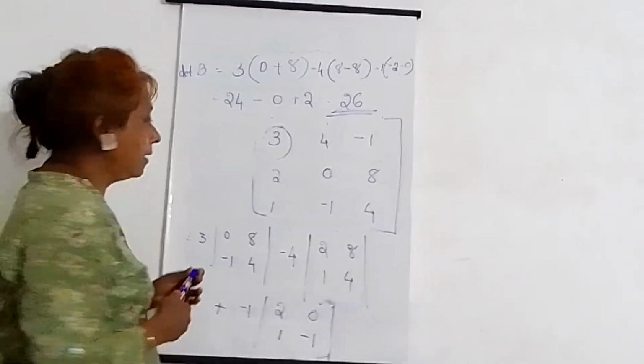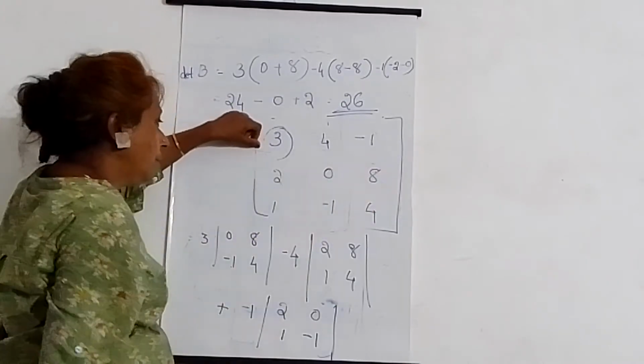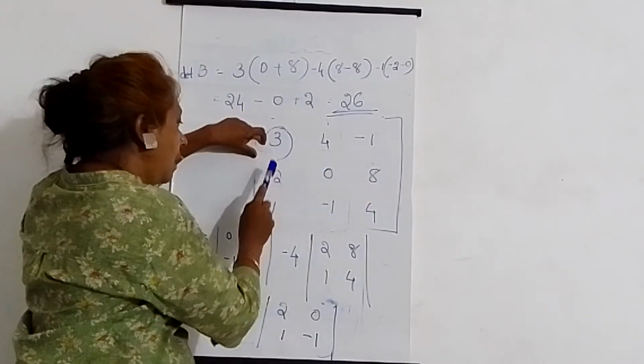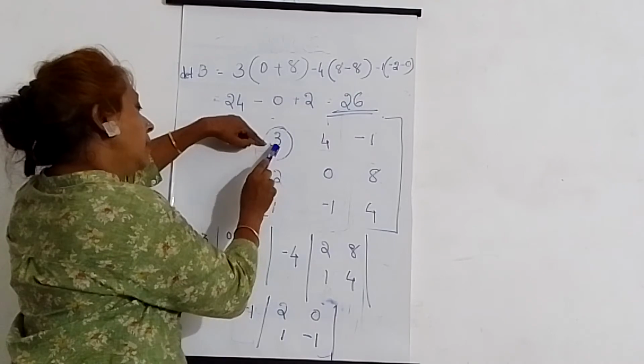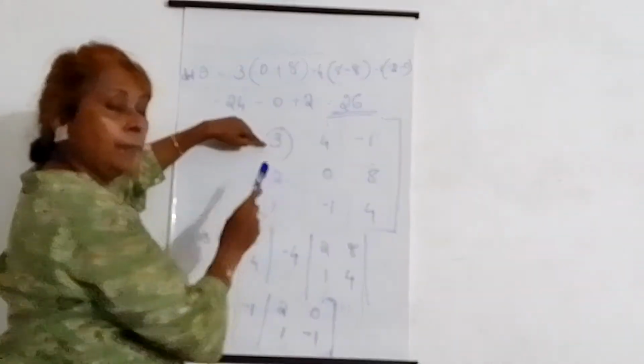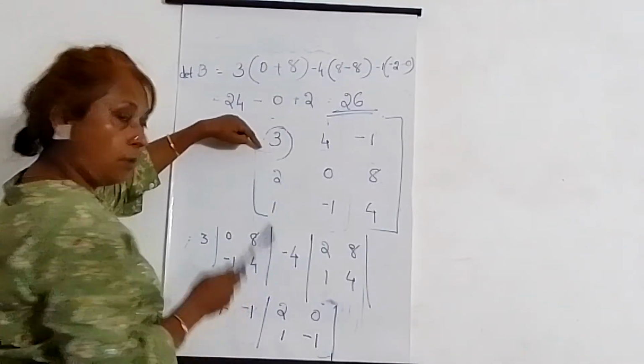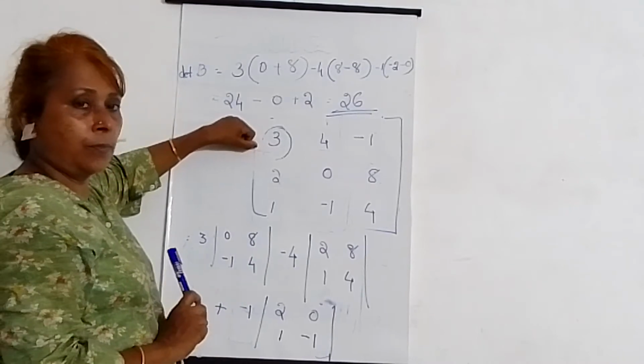For example, this is the first row. This first row can be added to the second row, and then we can replace the first row by that added number. Or we can subtract it also.